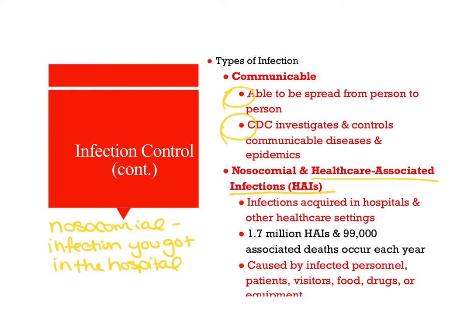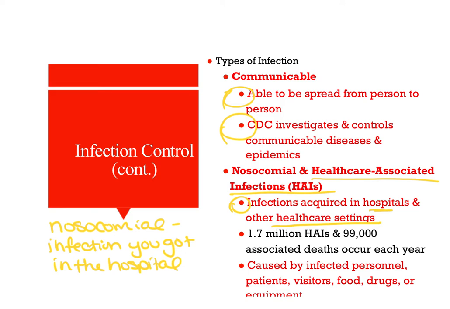So, healthcare associated infection, abbreviated HAI, is an infection acquired in a hospital and other healthcare settings like a nursing home, doctor's office, urgent care, anywhere that you're receiving healthcare, okay? And you go in with a condition or for something else and you leave with an infection, or you get an infection as a result of going there, then that is a healthcare associated infection.